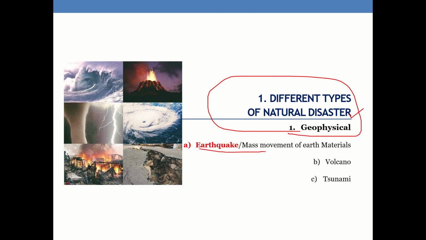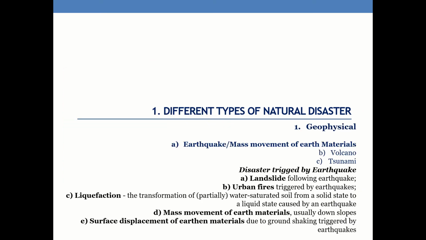Broadly, earthquake, volcanoes, and tsunami are put under geophysical disaster. So what is it? Disasters triggered by earthquake. This is one of the types of natural disasters under geophysical disaster that we will be studying in detail.